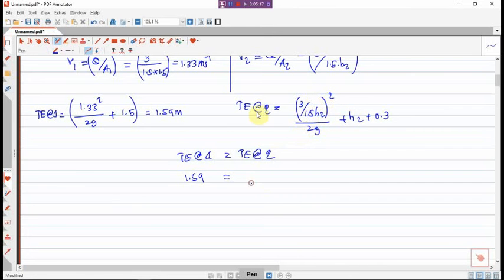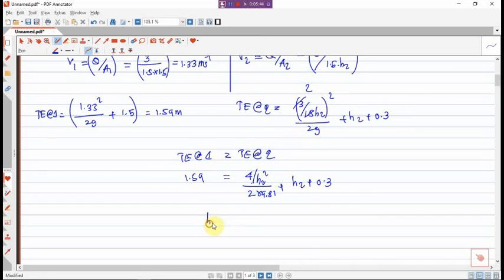So we get that upon 2 into 9.81 plus h2 plus 0.3. From this equation we can get the equation in h2.